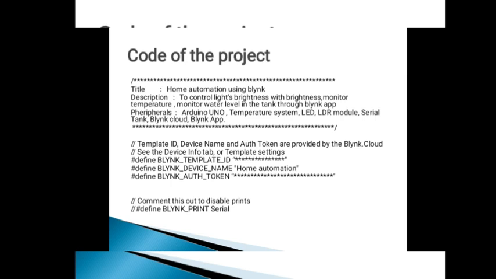The title is home automation using Blynk, and the description is to control light brightness with a brightness monitor, monitor temperature, and monitor the water level in the tank through the Blynk app. The peripherals are Arduino UNO, temperature sensor, LED, LDR module, serial tank, Blynk cloud, and Blynk app. We'll talk about these terms.